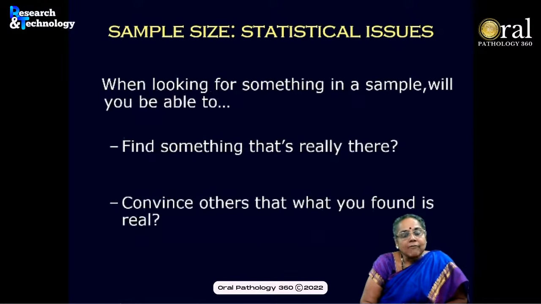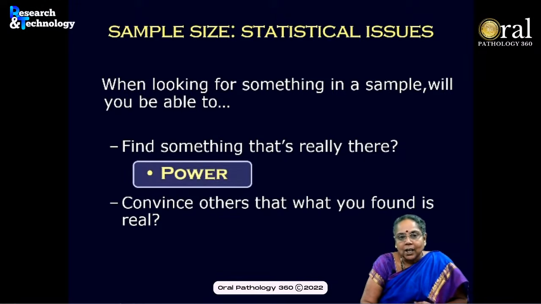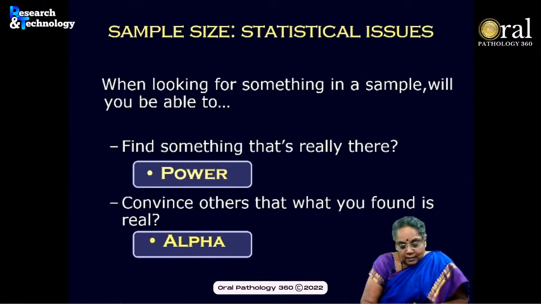So when we are looking for something in a sample, will you be able to find something that is really there? That means your study should have adequate power to detect the difference you want to see between the two groups who are included in your study. Convince others what you found is real. That is called alpha.